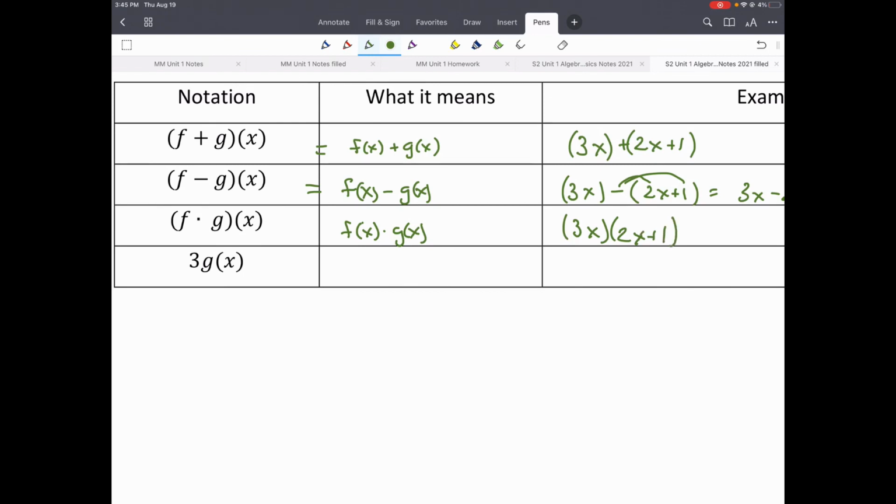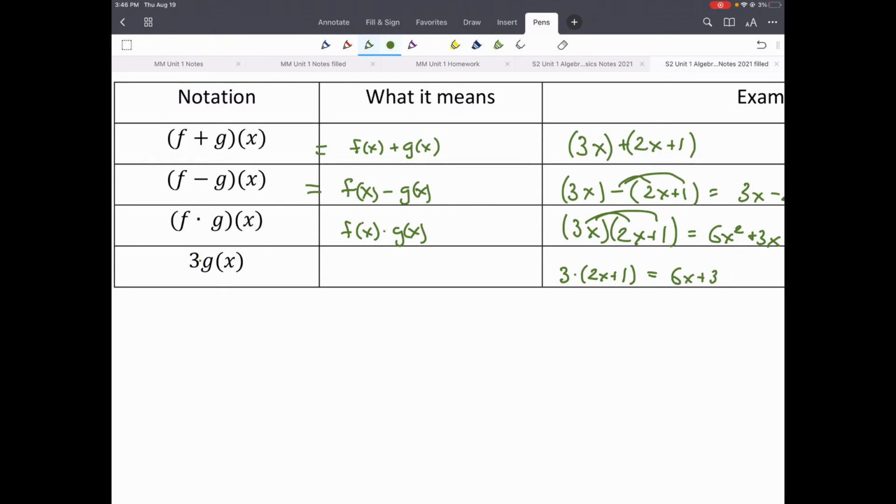And then we'd need to distribute. So 6x squared plus 3x. And then something like this is just saying 3 times g of x. And an example of that would be 3 times 2x plus 1, which ends up giving us 6x plus 3.